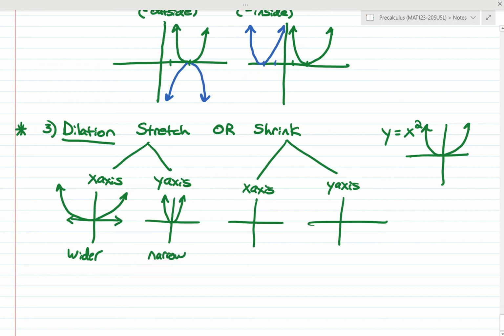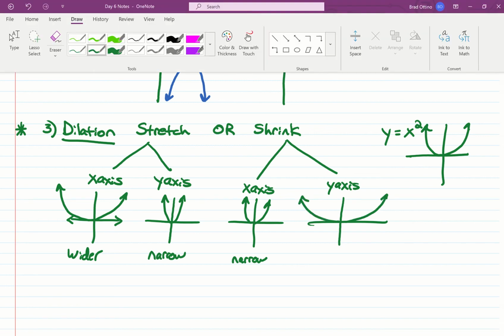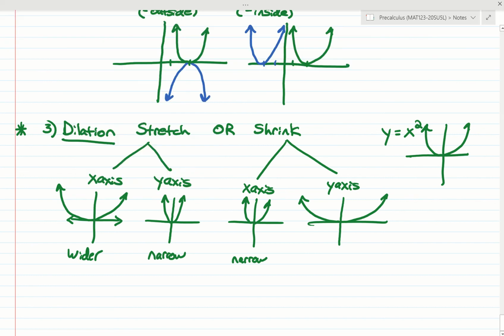A shrink over the x-axis, imagine compressing the graph. It's going to look narrow. And a shrink over the y-axis, imagine holding the graph on top and bottom and bringing your hands closer together. So in general, what I want you to notice here is that a stretch over the x-axis looks similar to a shrink over the y-axis.